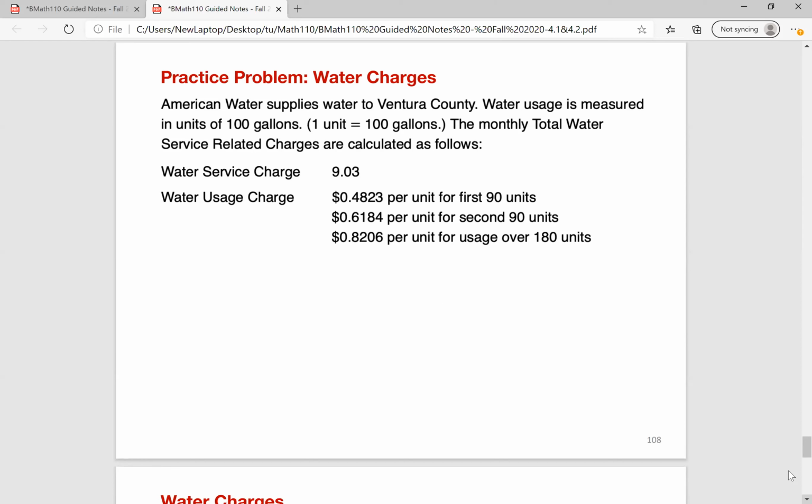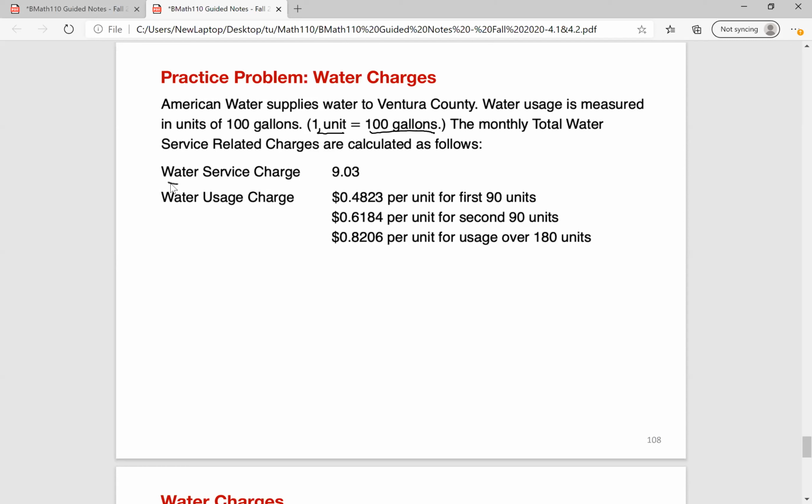Okay, now we're gonna have a practice problem for water charge. We have American Water supplying water to Ventura County. Water usage is measured in units of 100 gallons, so 1 unit is equal to 100 gallons. The monthly total water service related charge is calculated as follows.